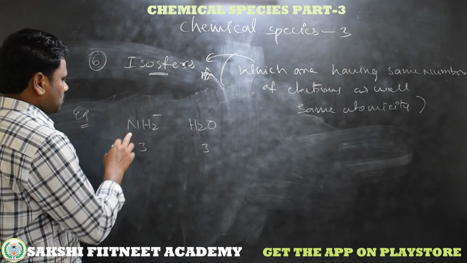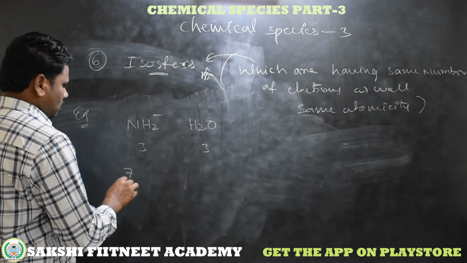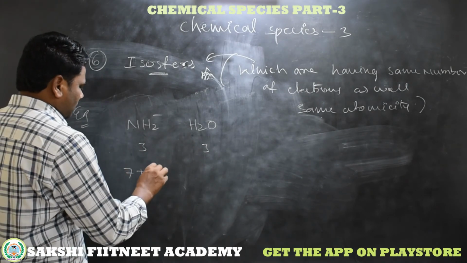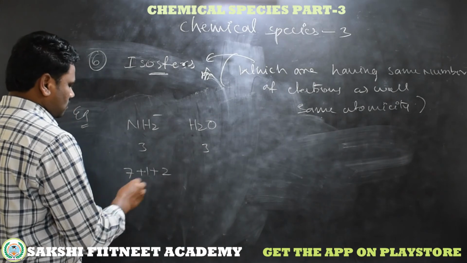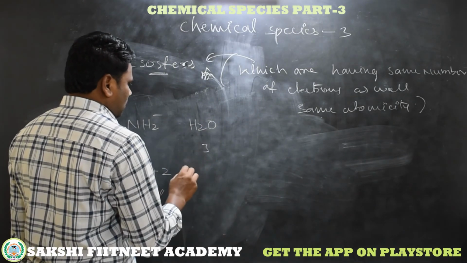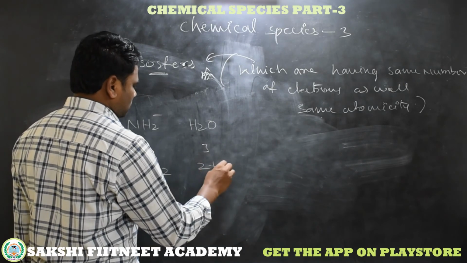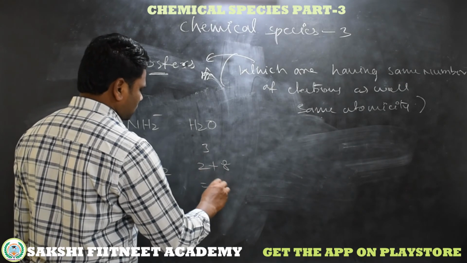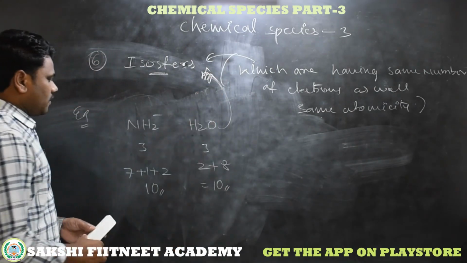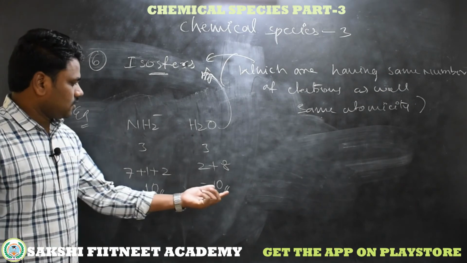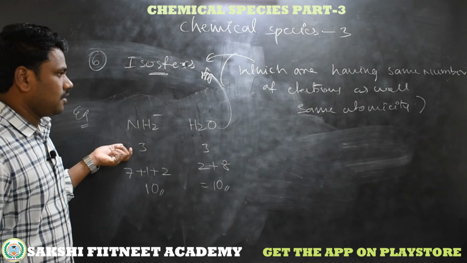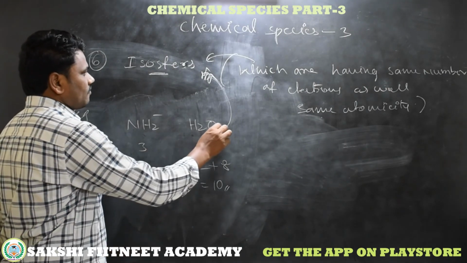Coming to electrons, here nitrogen has 7 electrons, the overall charge is -1, so we need to add 1 electron, plus 2 hydrogens, plus 2, so it becomes 10 electrons. Now 2 hydrogens plus 1 oxygen, 2 plus 8, it's also 10. So these are isosters having the same atomicity as well as the same electrons. These are isoelectronic as well, having the same atomicity, classified as isosters.